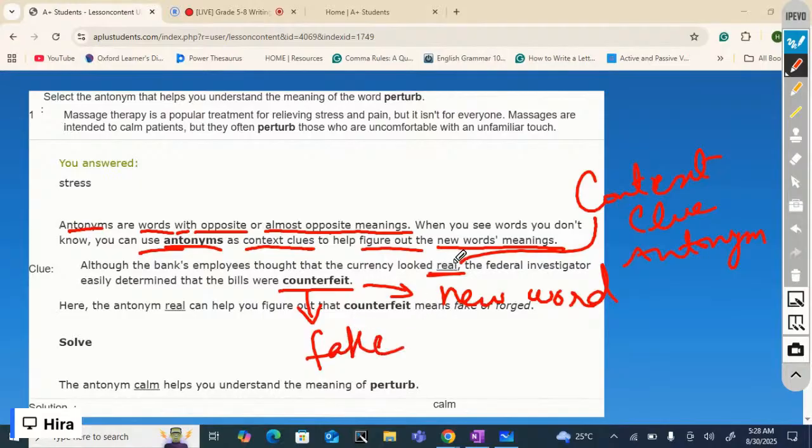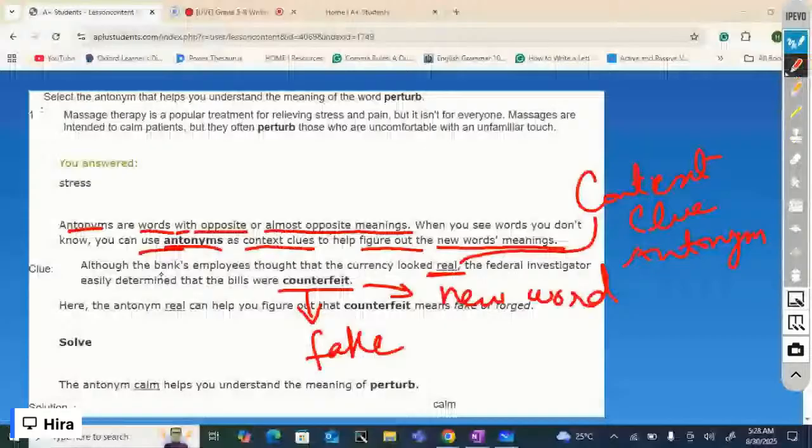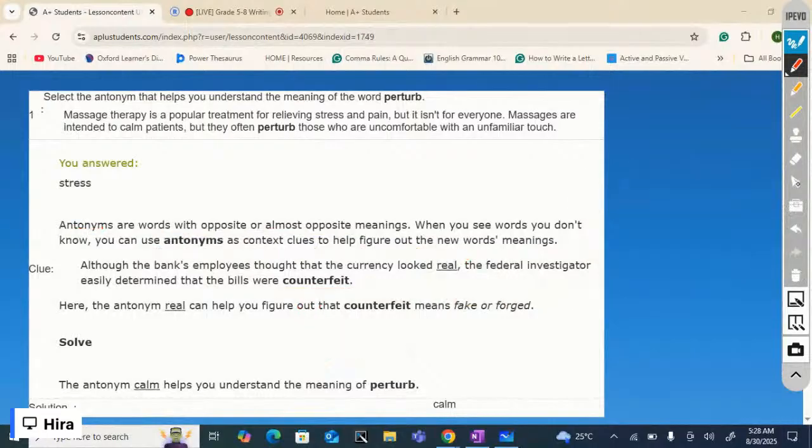So yes, the words real and counterfeit are antonyms. This is how you can use these antonyms as context clues.